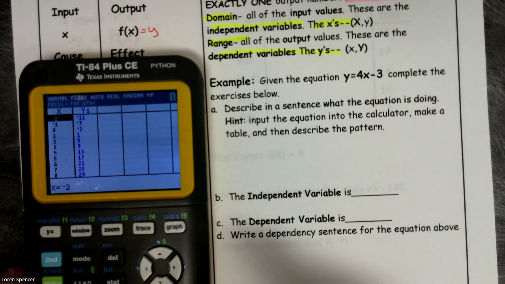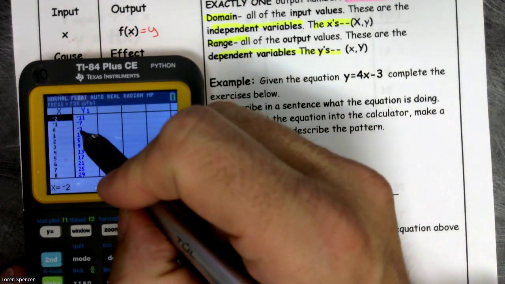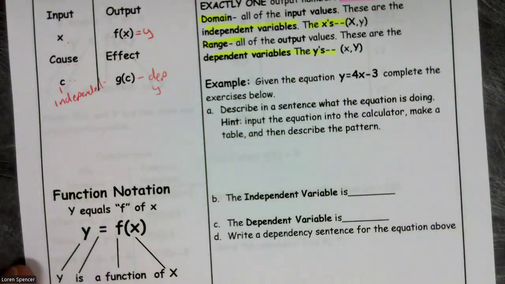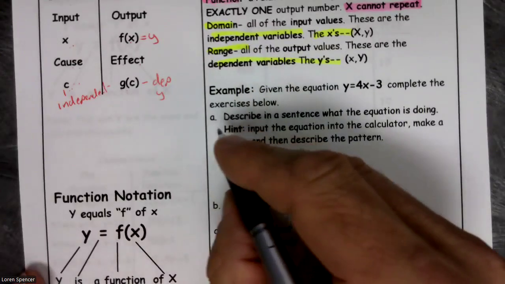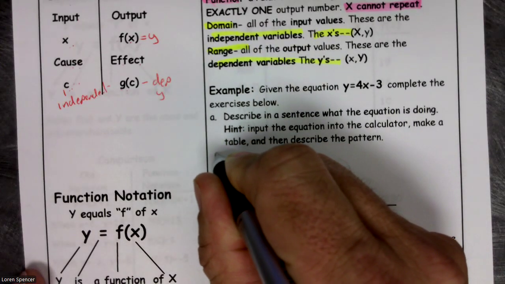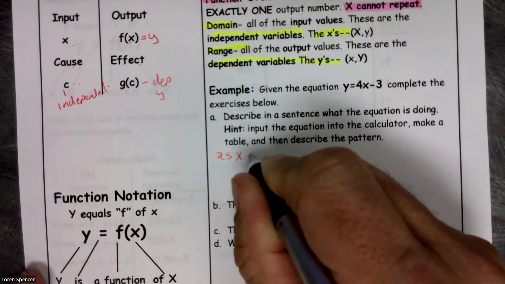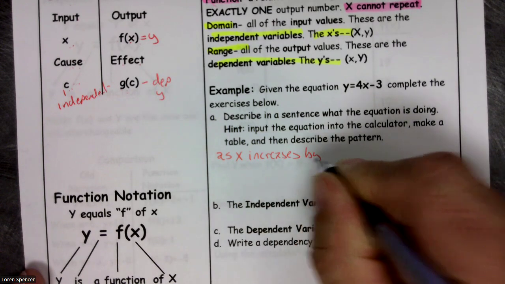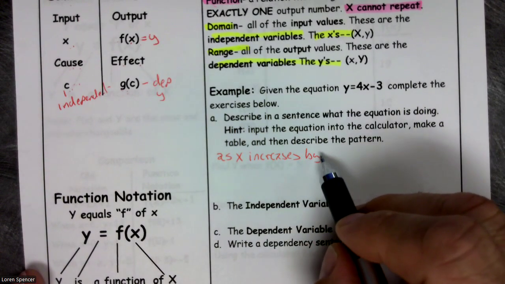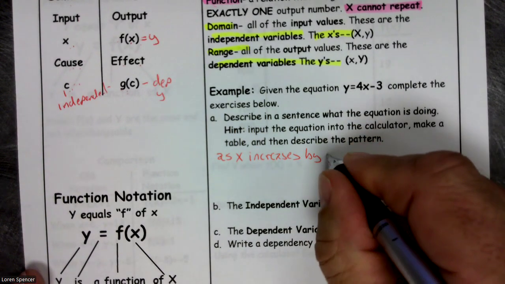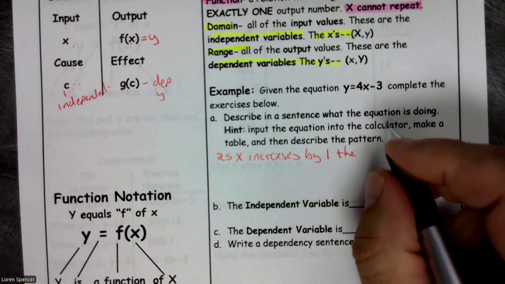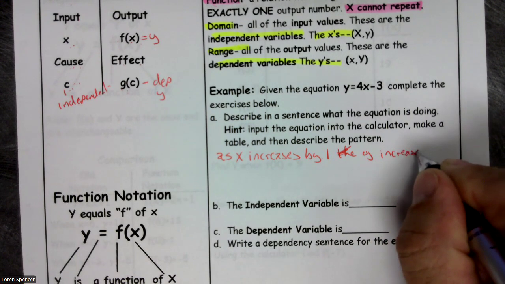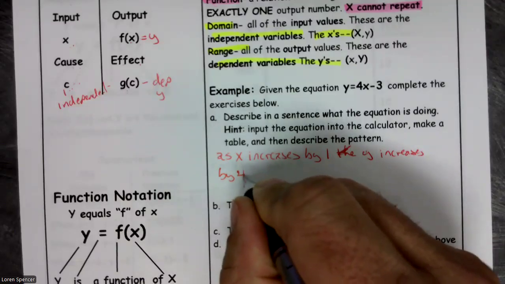And what I notice is, oh, each one of these is 4 different. So the pattern is as x increases by 1, y increases by 4.